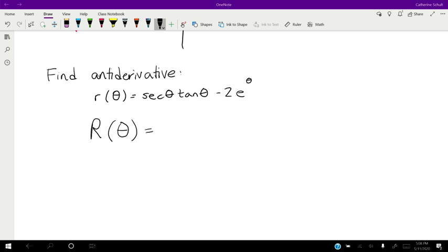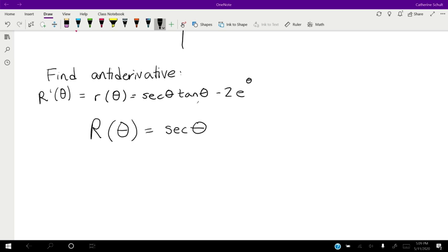So we have to think we're going backwards. So remember, R prime of theta, capital R, is going to be equal to what we're given. So we're going to go the opposite direction. We have to think, what function has the derivative secant theta tangent theta? Well, the derivative of secant theta is secant tangent. So there you go.